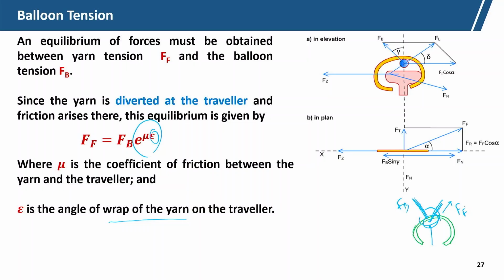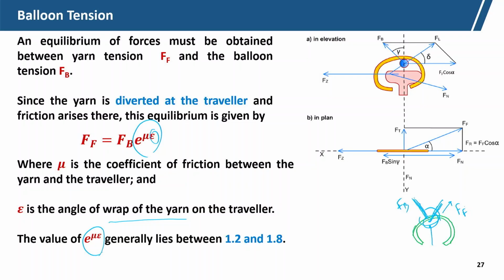So, this is the angle of wrap. The value of e power mu epsilon generally lies between 1.2 to 1.8. On average we can say it is approximately 1.5.